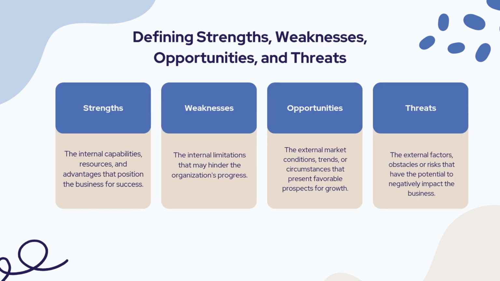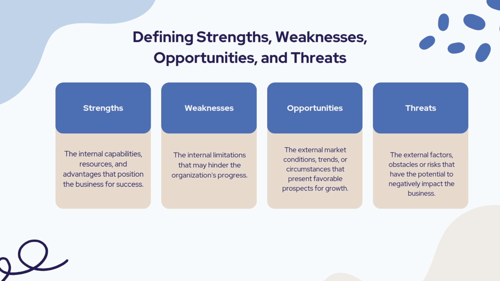So here are the definitions of strengths, weaknesses, opportunities, and threats. These two are internal, which is from inside the business. So inside the business, you have strengths and weaknesses, and outside of the business, you have opportunities and threats. A strength is the internal capabilities, resources, and advantages that position the business for success.